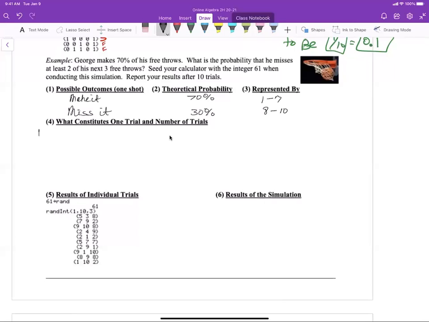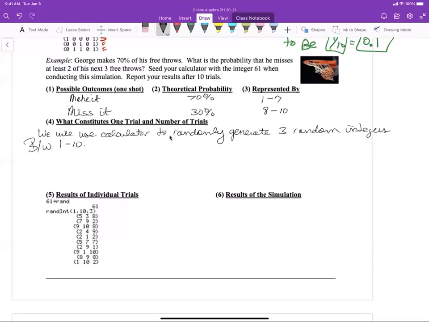So we will use a calculator to randomly generate 3 random integers between 1 and 10.